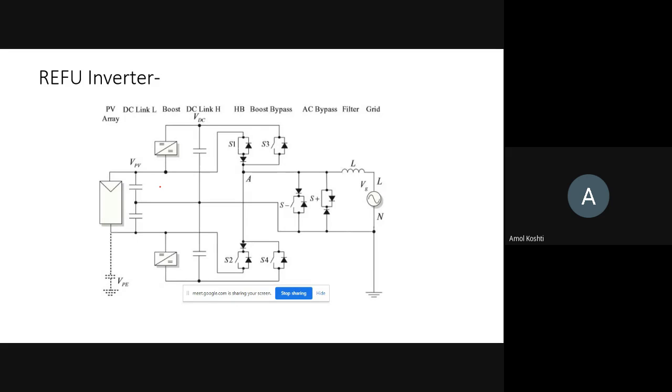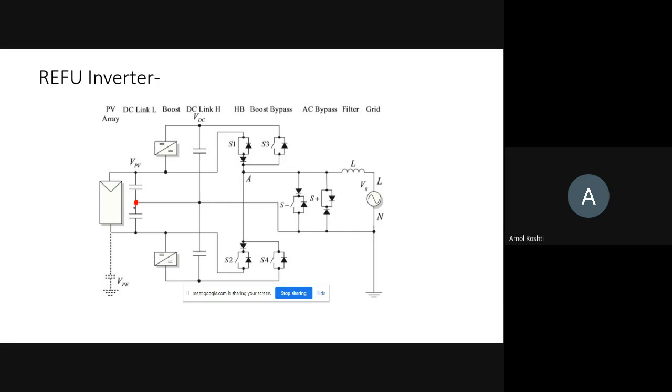If you observe here, there is a PV system. Instead of a single capacitor, two capacitors are added there, and then one more PV battery is connected, and again two more capacitors are connected in series. So that comes under the neutral point clamping.